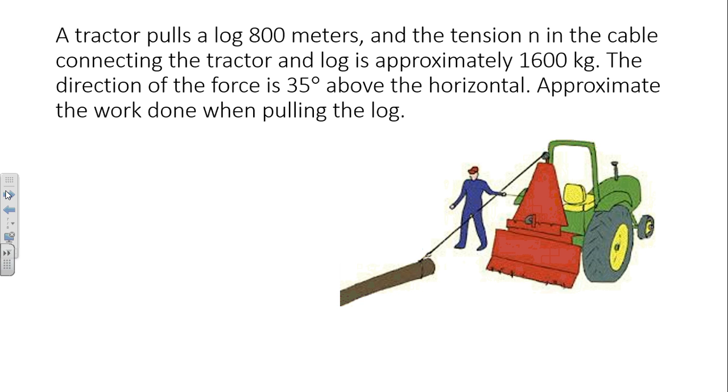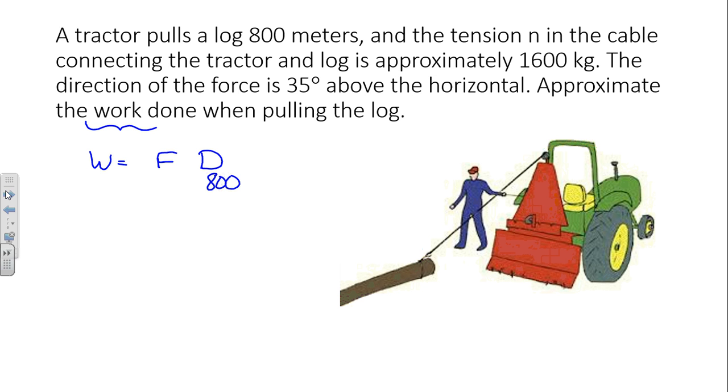So the moment you see work, you write down your work formula. What was work equal to again? Yeah, force times distance. So what is the 800 meters? The distance. And so our force has to come from the 1,600 kilograms at 35 degrees, right?